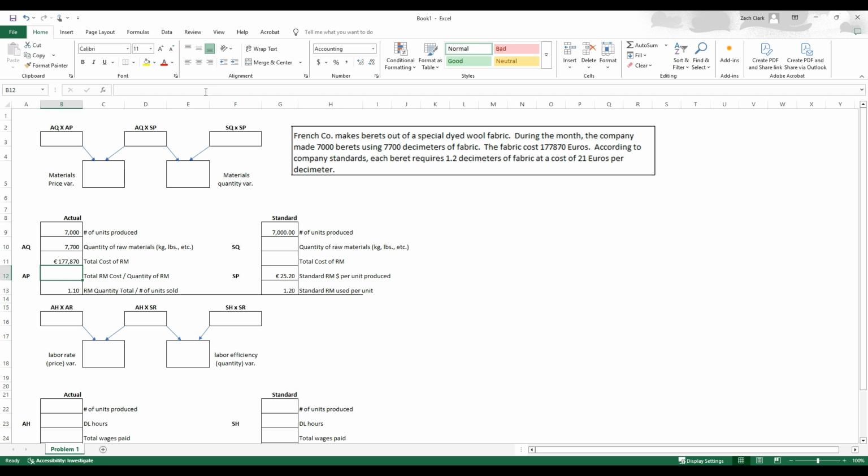Okay, and then we're saying that it cost us this much, and that was the total cost of raw materials here. And so if we want to find out our total average, cost of raw materials divided by number of units produced.